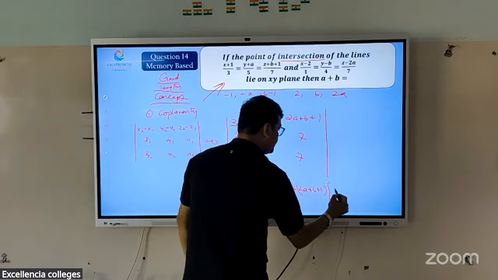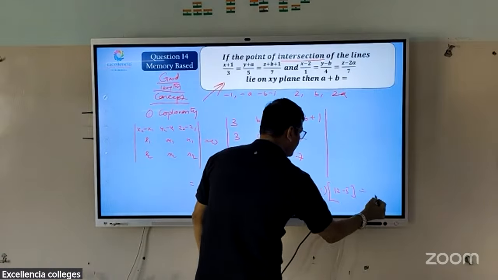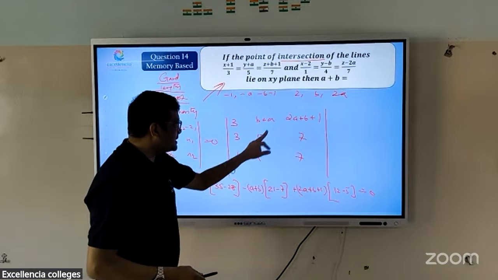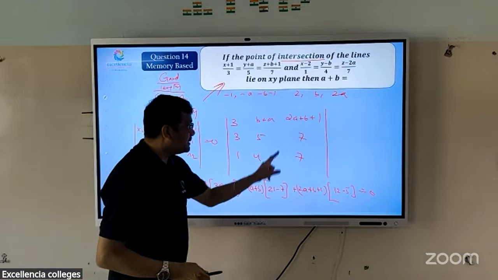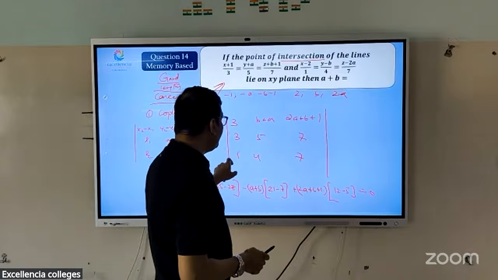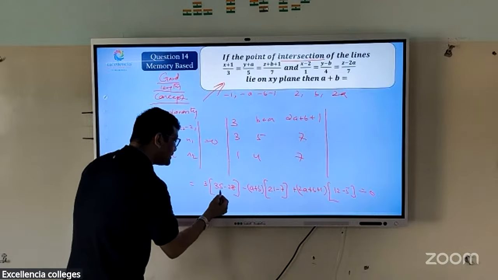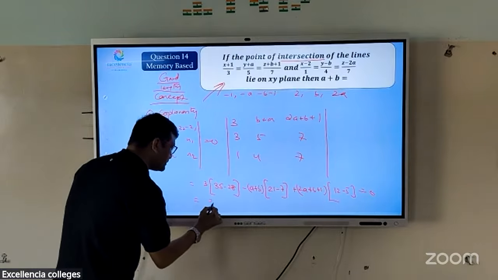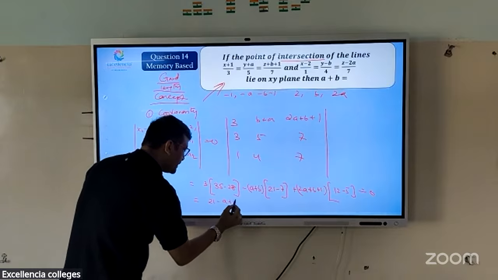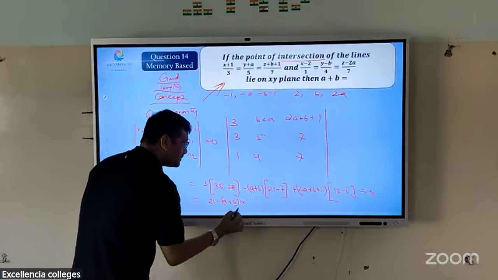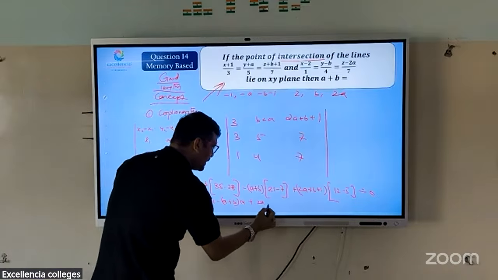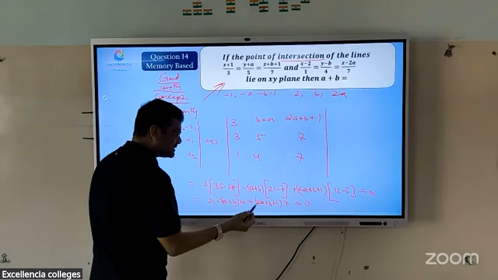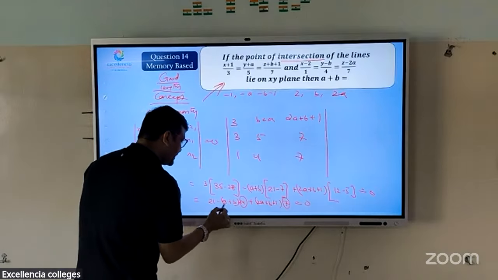Let me check. So we get 3 into 7 minus (a plus b) into 14 plus (2a plus b plus 1) into 7. That is 7 times: 21 minus (a plus b) into 14 plus (2a plus b plus 1) into 7. 7 cancels, with 14 and 21 going.